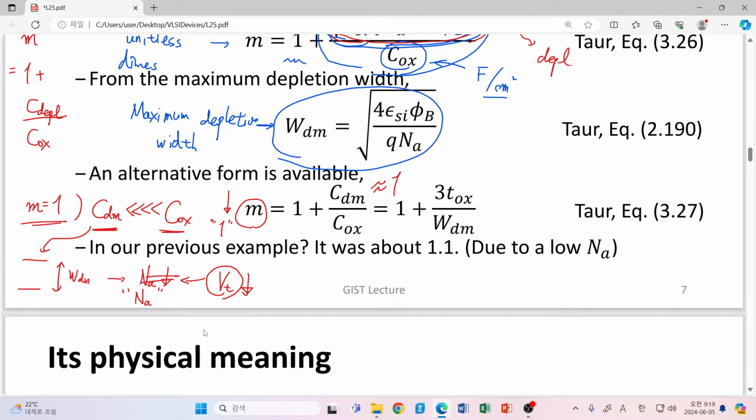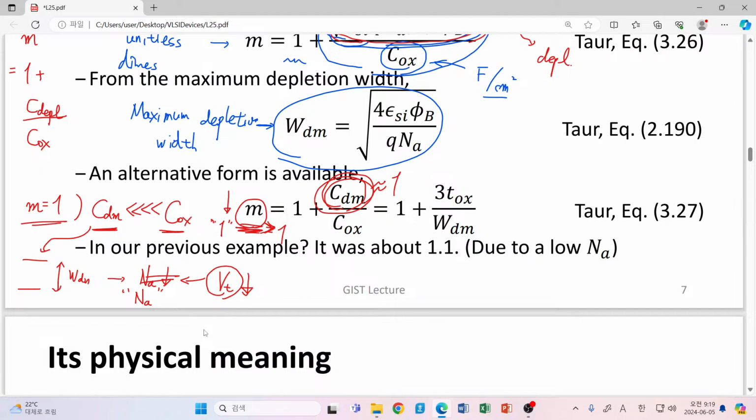Then given value of NA, it means that your CDM value is also automatically given. So your M factor cannot be quite close to 1, but unfortunately your value will be higher than number 1.